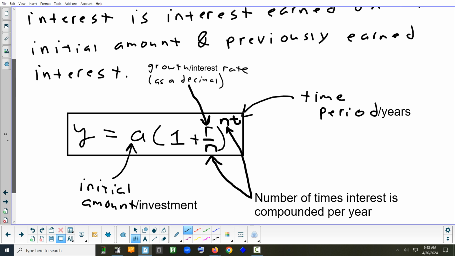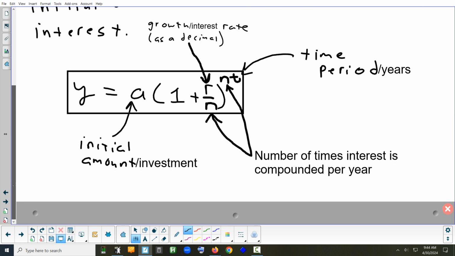This is more realistically how a bank would pay you interest on your money. It's a little bit more complicated than the last interest one we did. That was called simple interest. It's not really how a bank would pay you, but it's simple to do. That's why we have it. This is compound interest.